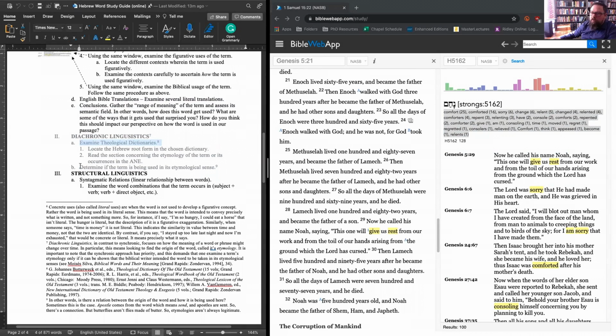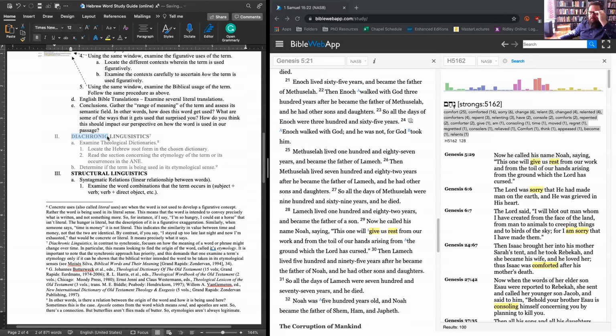One thing that's worth noting here, though, is the etymological sense. If we were to say diachronic, dia in Greek means through, chronic means time. And so this would be through time, diachronic, right? And so that is the etymology of diachronic, that it would mean through time.